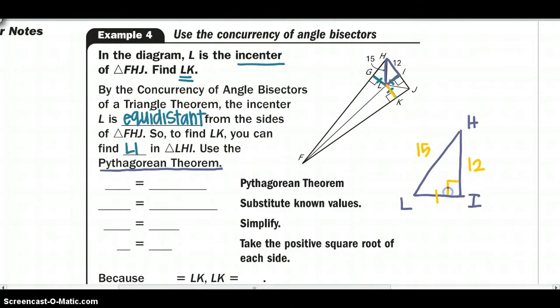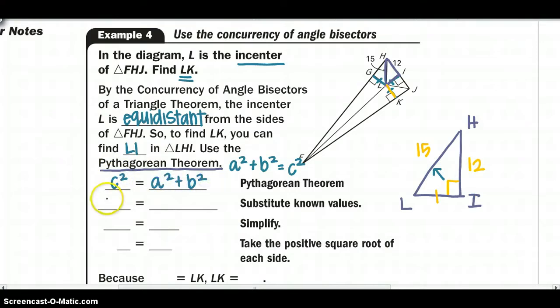So using that Pythagorean theorem, you know it's a squared plus b squared equals c squared. That c squared always being the hypotenuse, the one opposite of your right angle. So c squared equals a squared plus b squared.